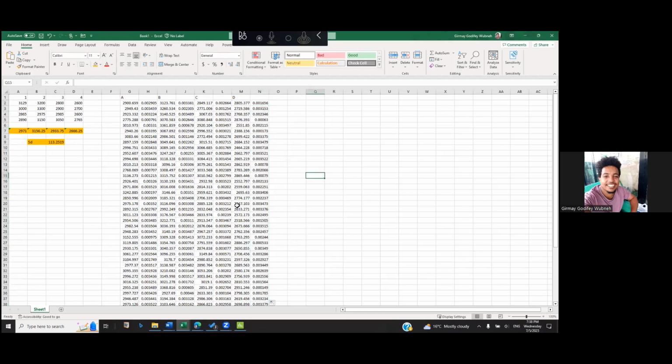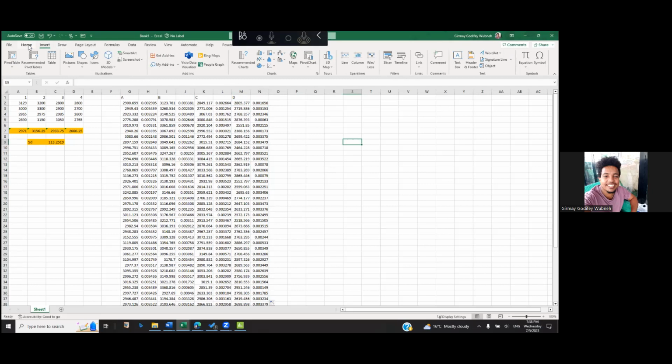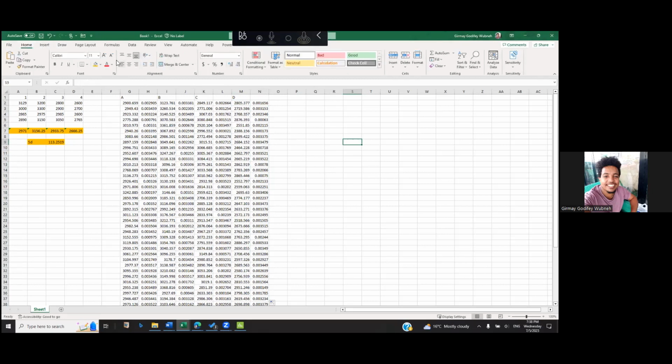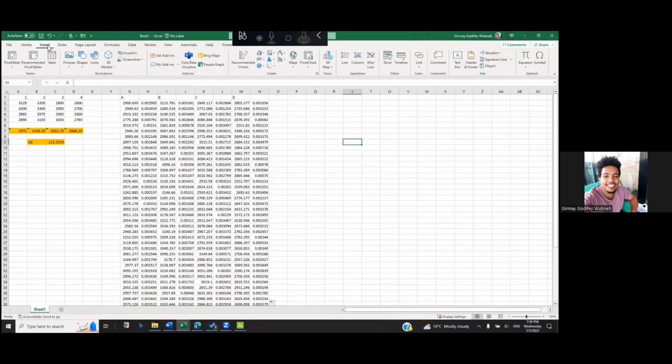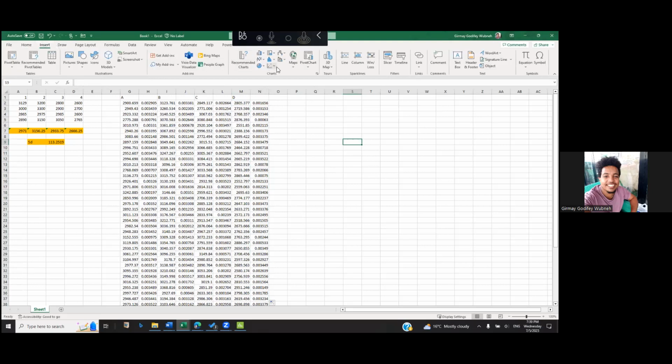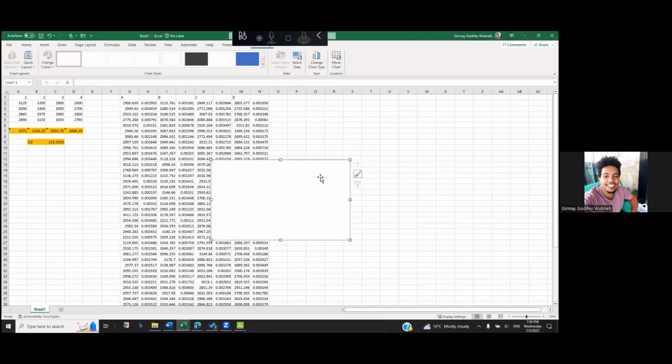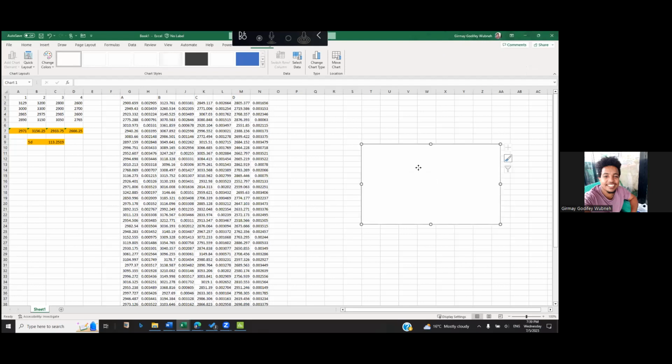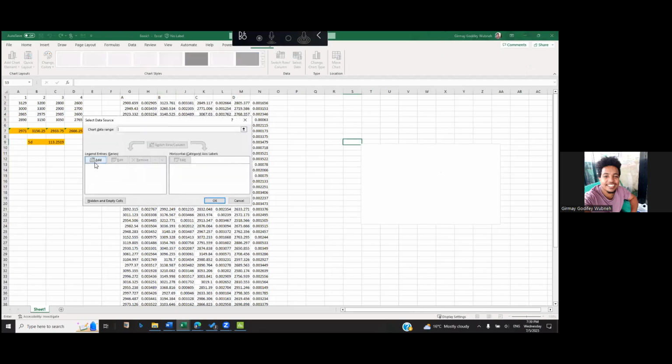So after calculating all of them, we plot them: from home or insert, insert graph. Select data, add.